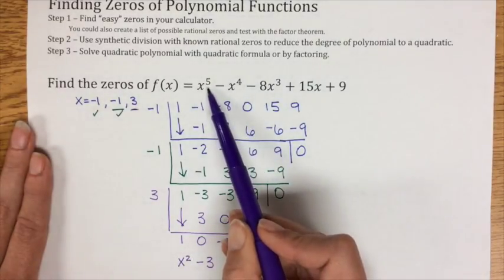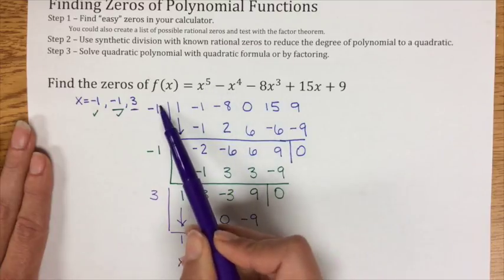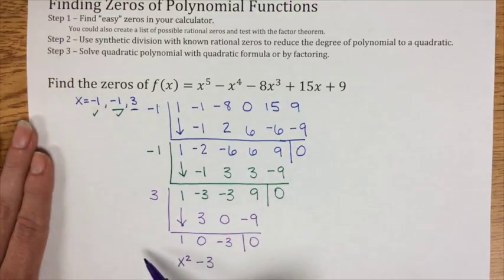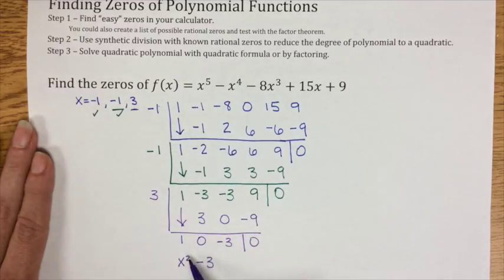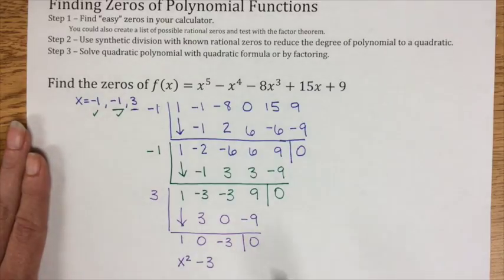You can start at where you started and subtract how many times you've done synthetic division. So 5 minus 1, 2, 3 will give me 2. Or you can work backwards from your remainder. This is your remainder, constant, x to the first power and x to the second power.